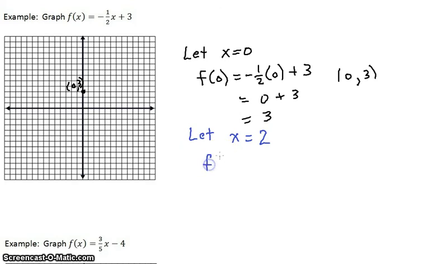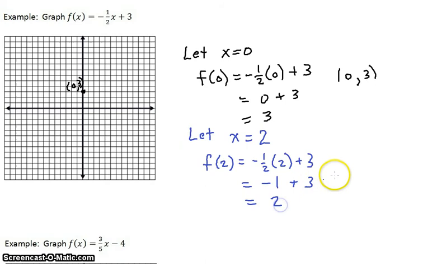So I need to figure out what that is for y. I'm going to plug in 2 for x. If I plug that in, I get negative 1/2 times 2 plus 3. Negative 1/2 times 2 is equivalent to negative 1, plus 3, which is equal to a positive 2.